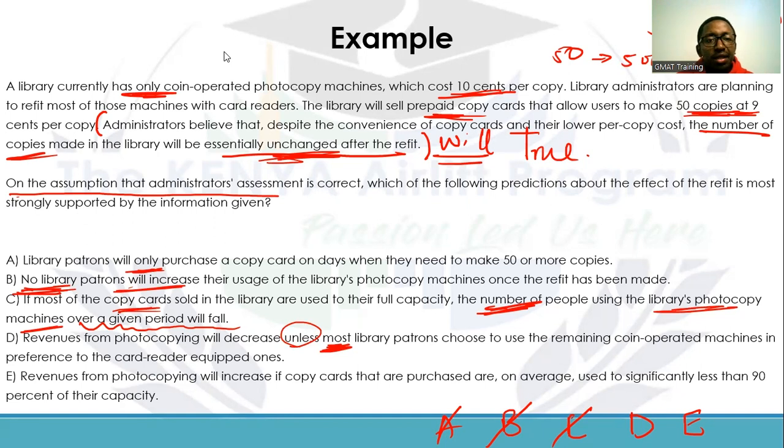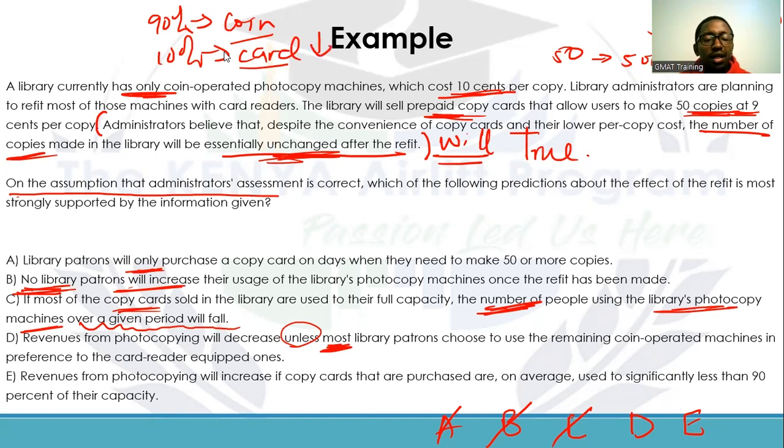So the problem is, even if 90% of the library patrons use coin-operated machines, the 10% that use the card readers will cause the revenue to go down.